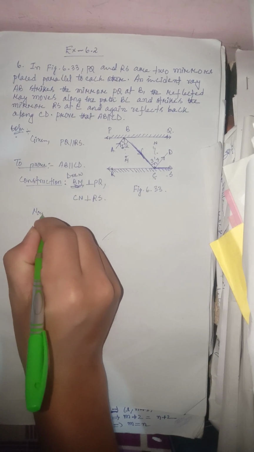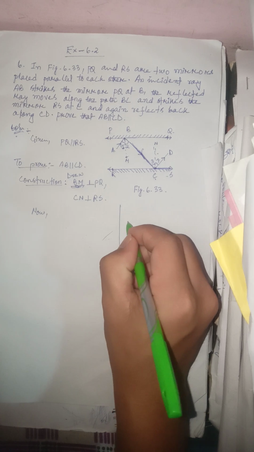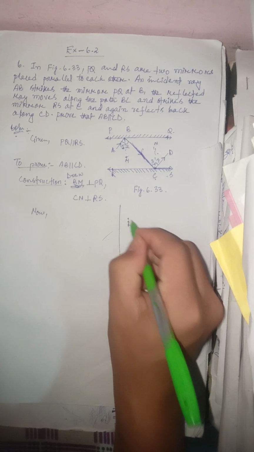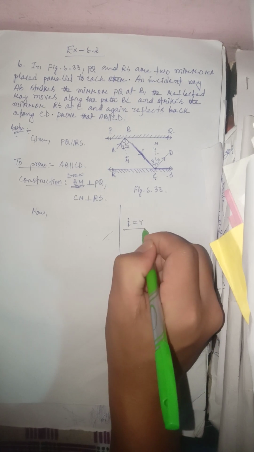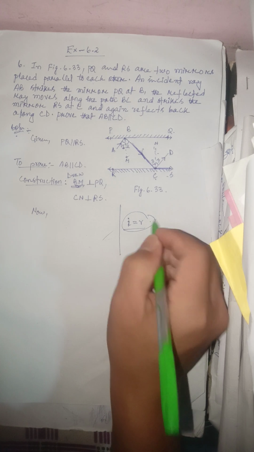Actually the question has talked about reflections. In case of reflections, what do we have? Angle of incidence, which we call i, will be equal to angle of reflection. So this is what we learned from the laws of reflection.